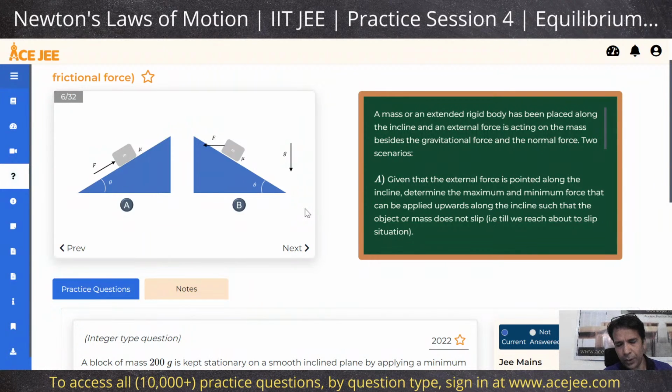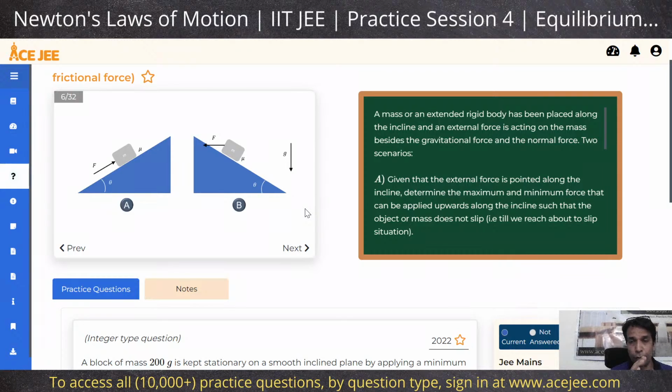तो क्वेश्चन ये पूछ सकते हैं कि for what magnitude of the force will the block slide vertically upwards, and for what amount of force will the block start to slide down the incline? Okay. Now, what is the difference between the 2 scenarios?